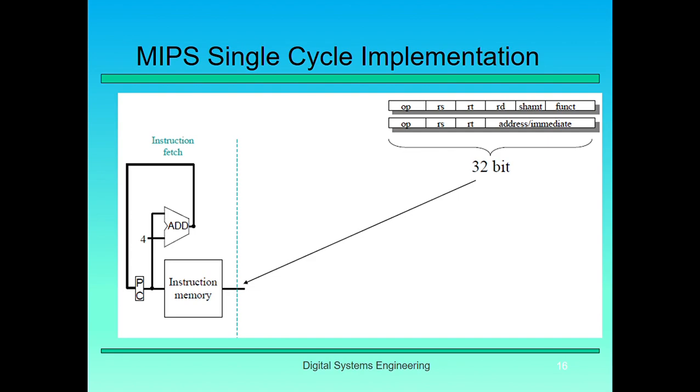Here we have different hardware: the instruction memory, the PC, which is the program counter, and an adder. First, we have the instruction memory.